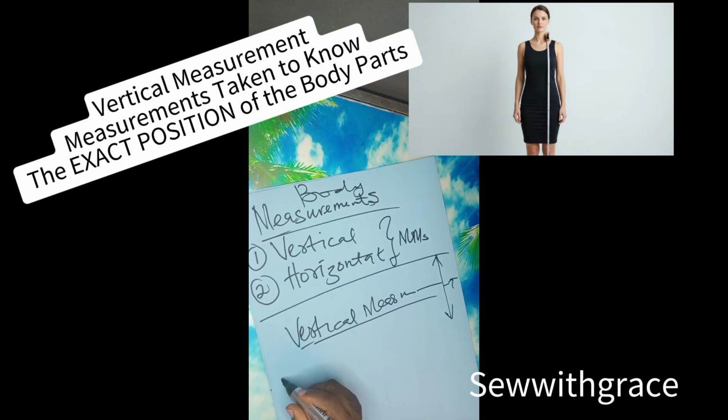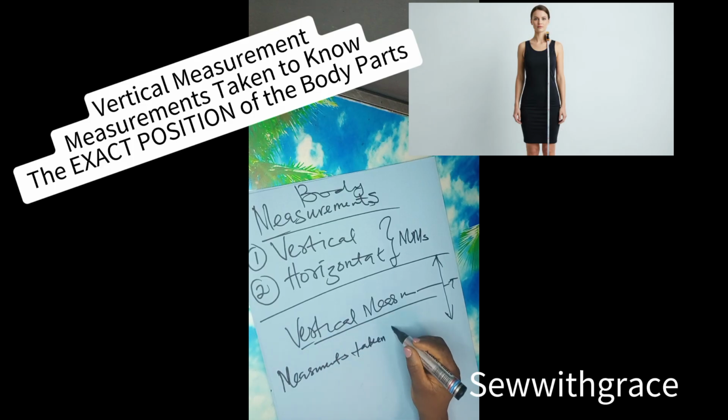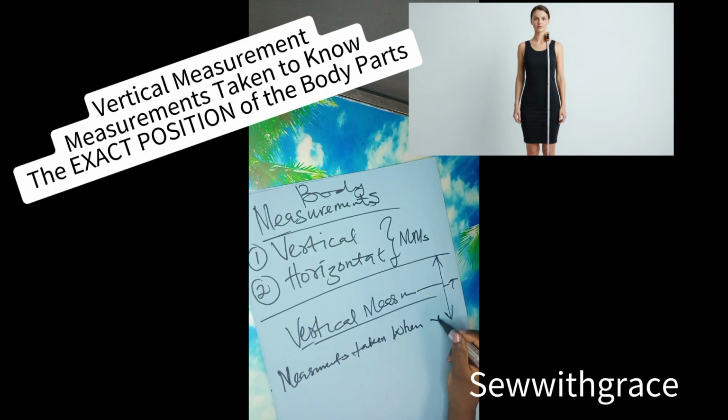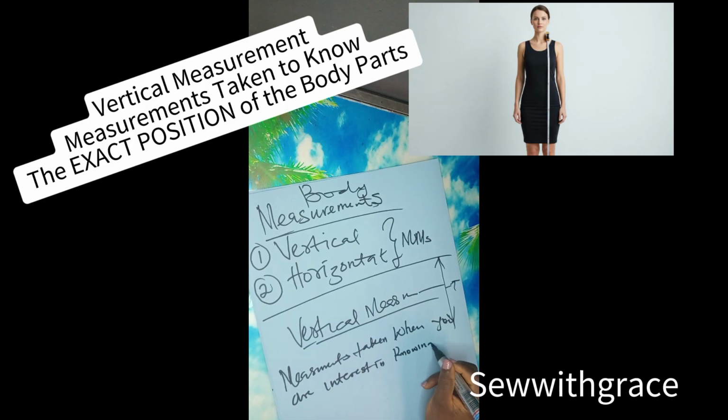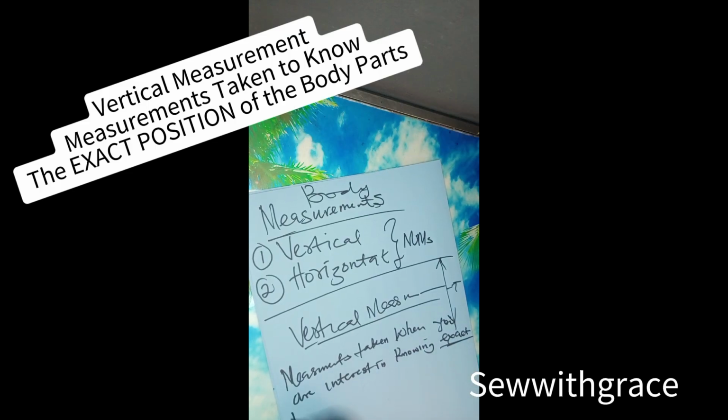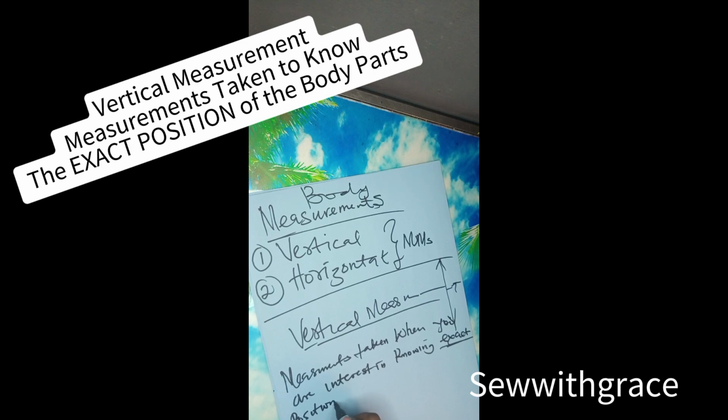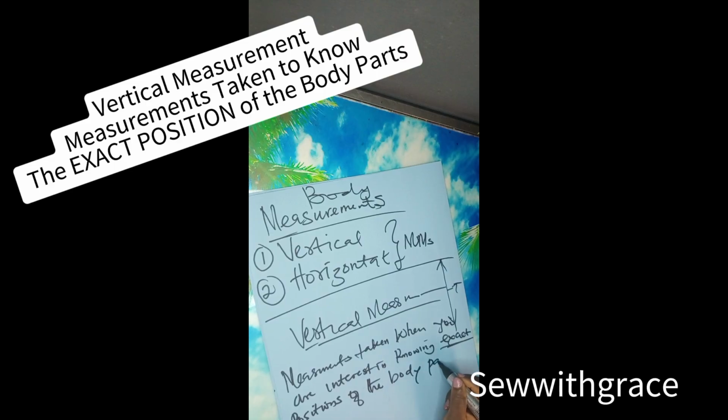So vertical measurements are the measurements you take when your interest is in knowing the exact positions of the body parts.